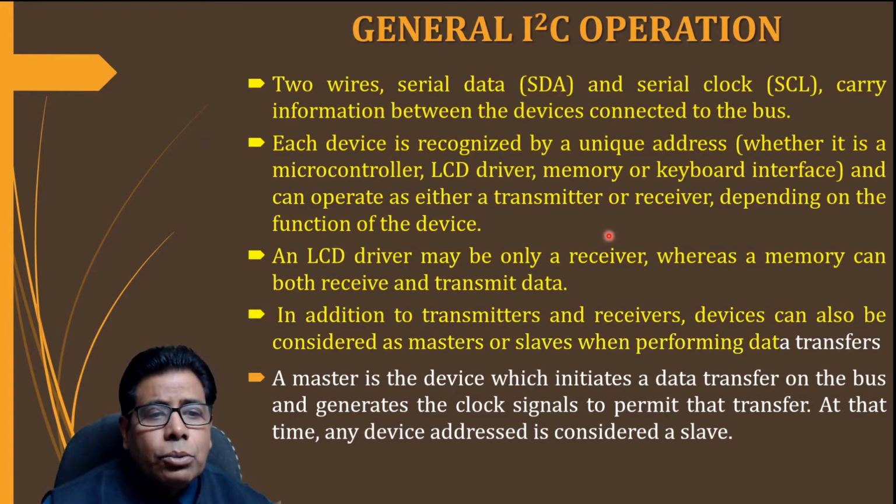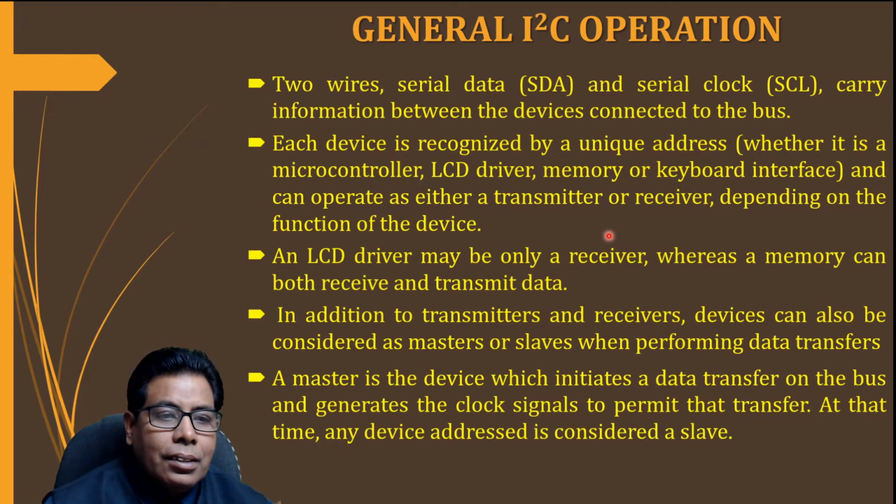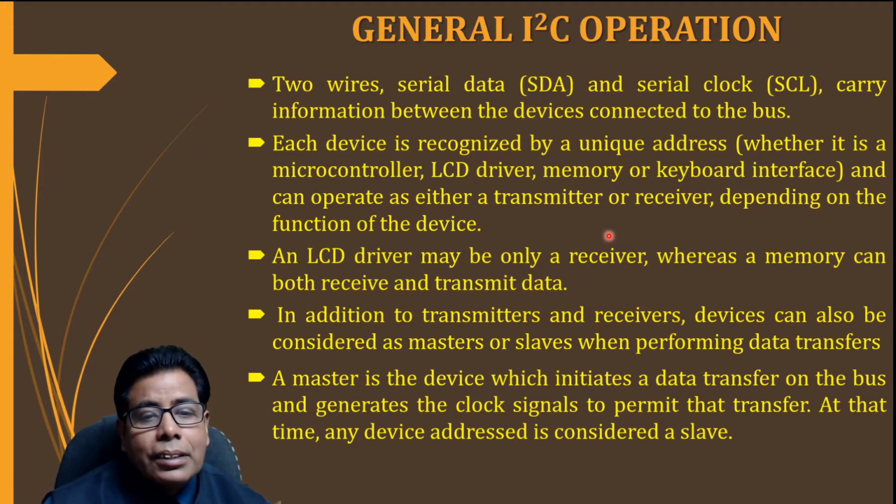Then in addition to transmitters and receivers, devices can also be considered as masters or slaves when performing data transfer. Generally the microcontroller will be the master. The master is the device which initiates a data transfer on the bus and generates the clock signals to permit that data transfer.